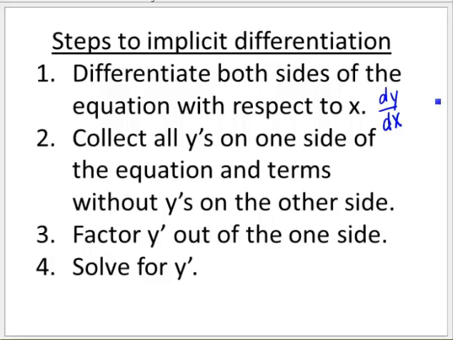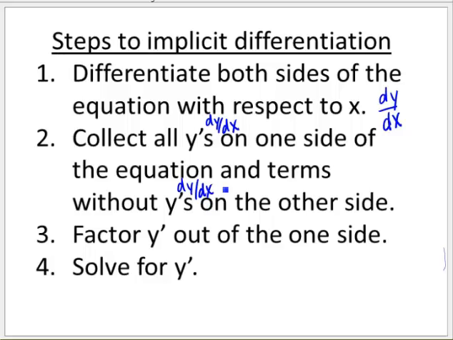The second thing we're going to do is collect all our y primes on one side of the equation. Now, this is also dy over dx's. So we can say we're going to collect all our dy over dx's on one side of the equation, and we're going to put everything without the y prime or without dy over dx's on the other side.